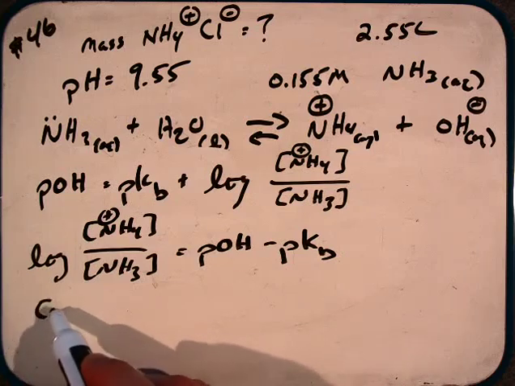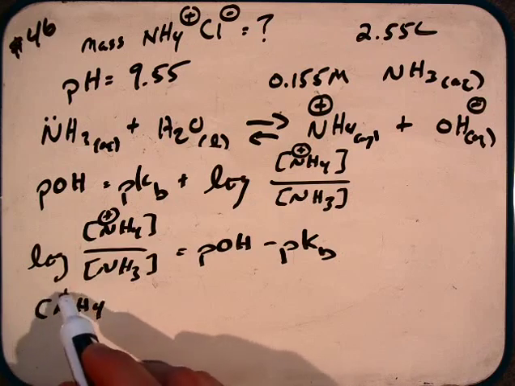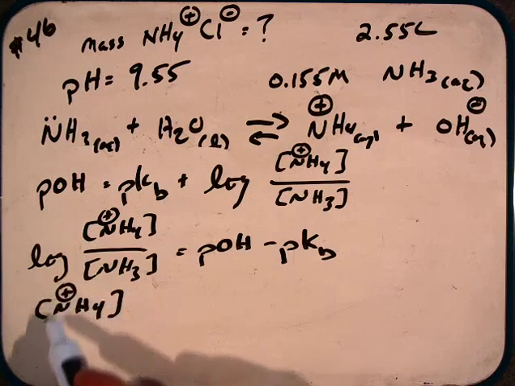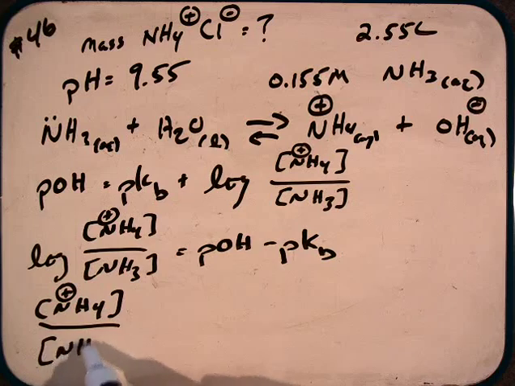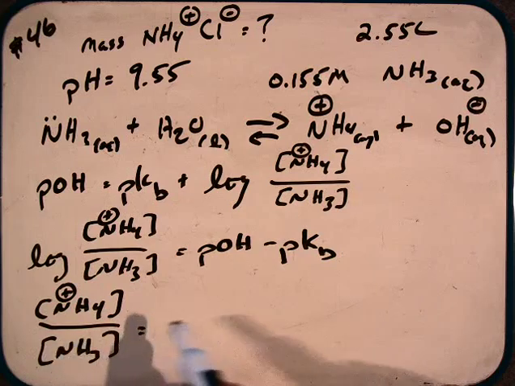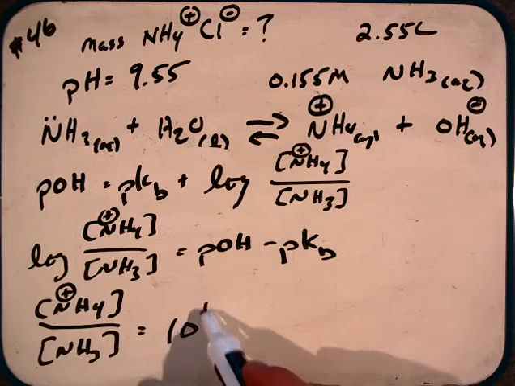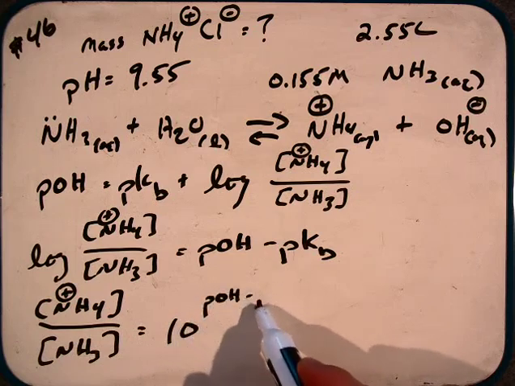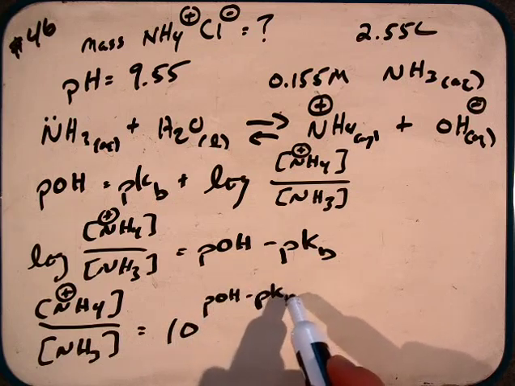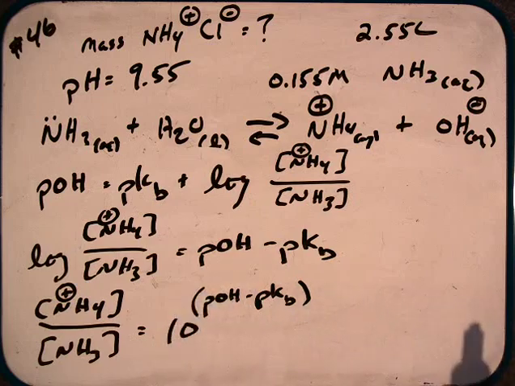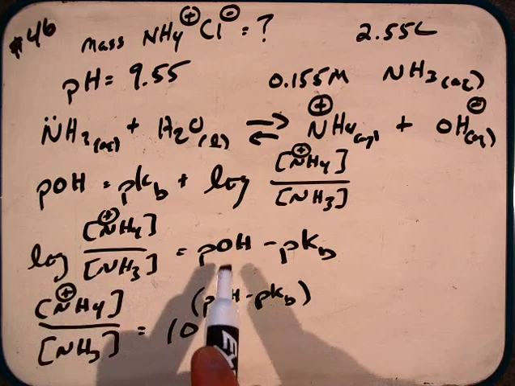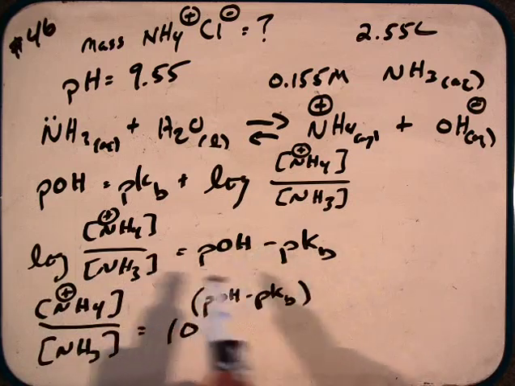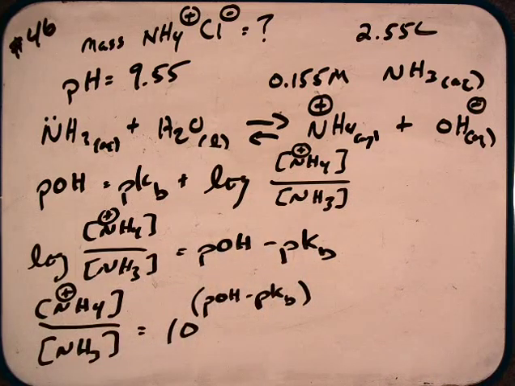And then if we get rid of the logarithm, we would get this, that we can take the base 10 to get rid of the logarithm, and then we have base 10 of that quantity, or that difference rather, of pOH minus pKb.